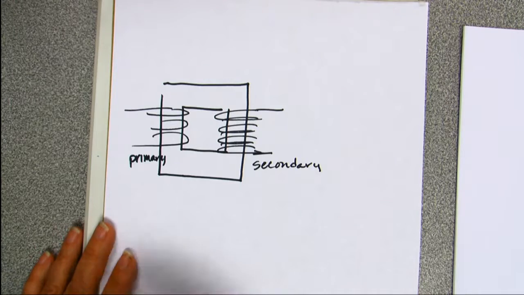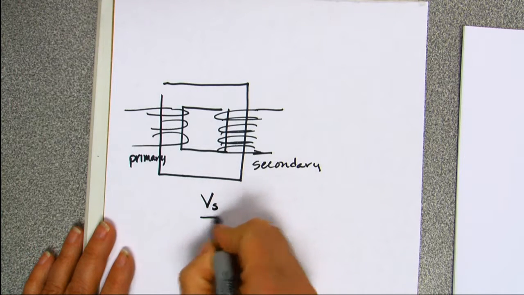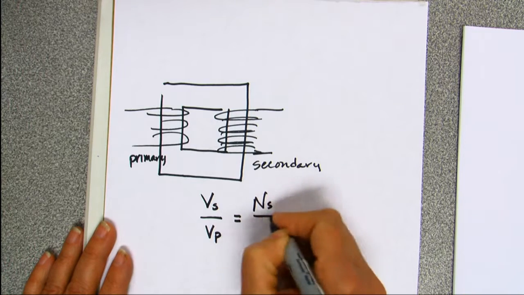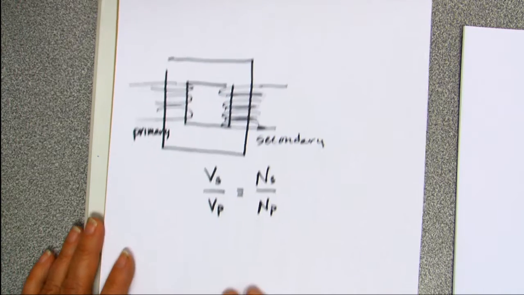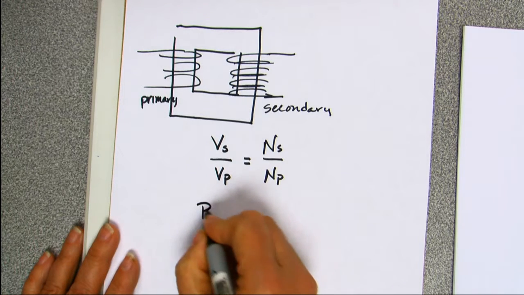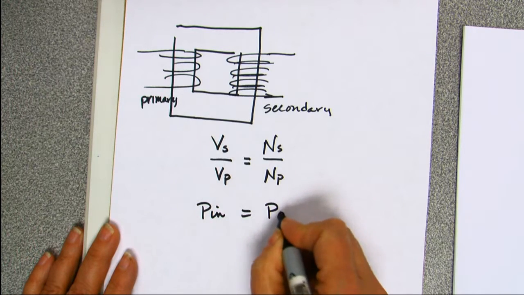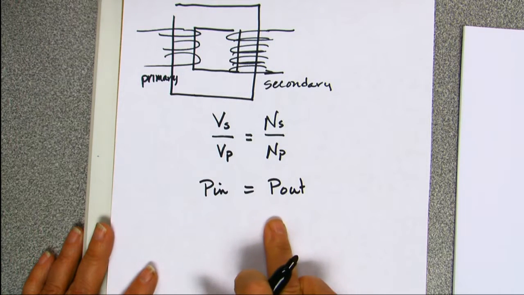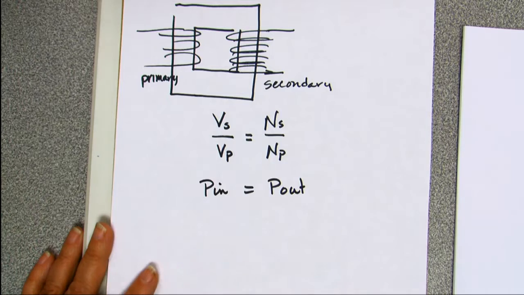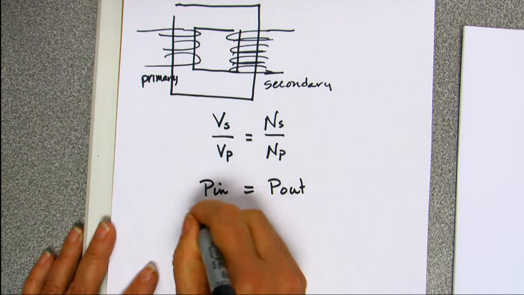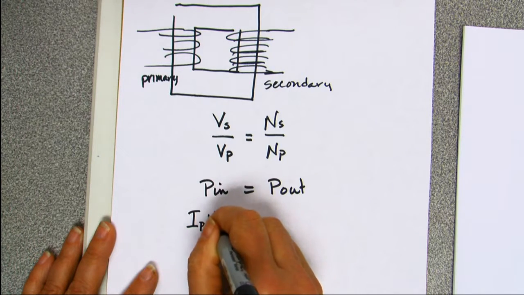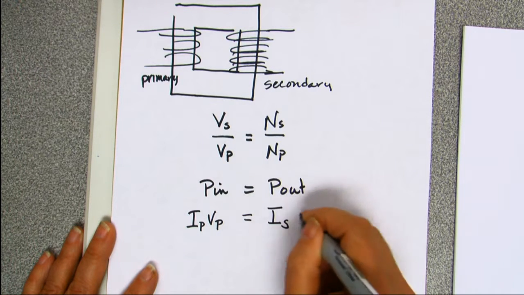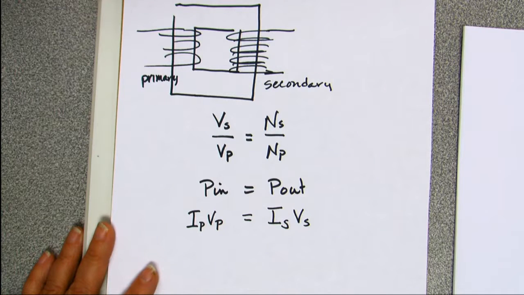And you can go in and play with it, and you get that the voltage in the secondary over the voltage in the primary is related to the number of turns in the secondary and the number of turns in the primary. And power in has to equal power out, i.e. a mass balance, except this isn't a mass balance, this is a charge balance, an electric balance. The current times the voltage in the primary coil has to equal the current times the voltage in the secondary coil.